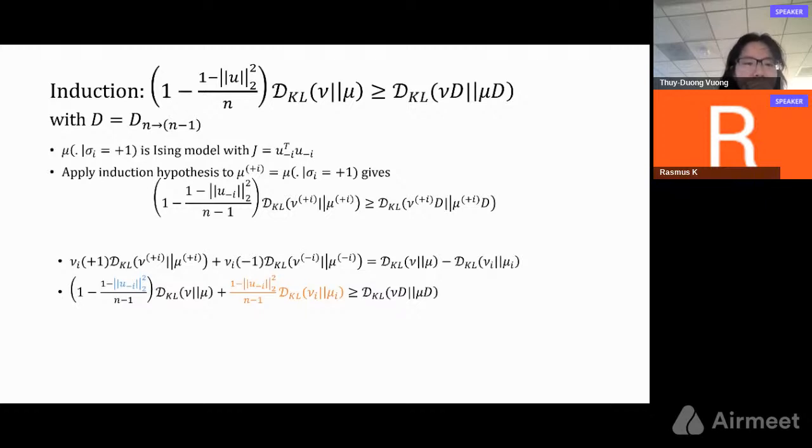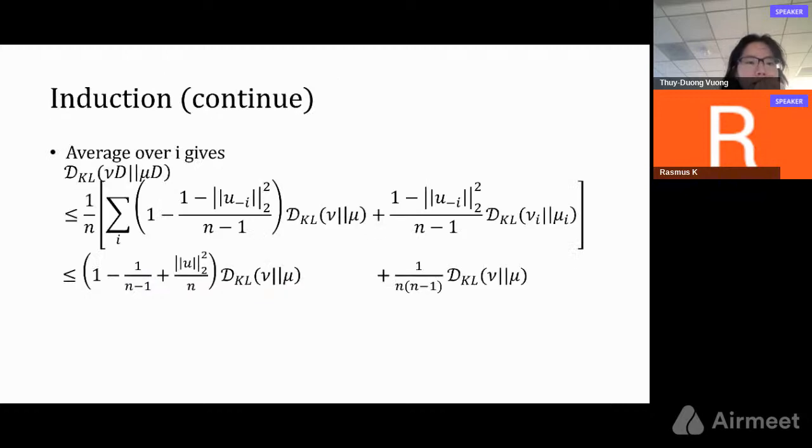So we are almost there, but we have this weird term in orange, and this thing in blue should be the norm of u instead of the norm of u minus i, right? So the natural way is we take the average over i, and in this way, when we sum this 1 minus 1 over n norm of u minus i, we will get back 1 minus the norm of u, basically.